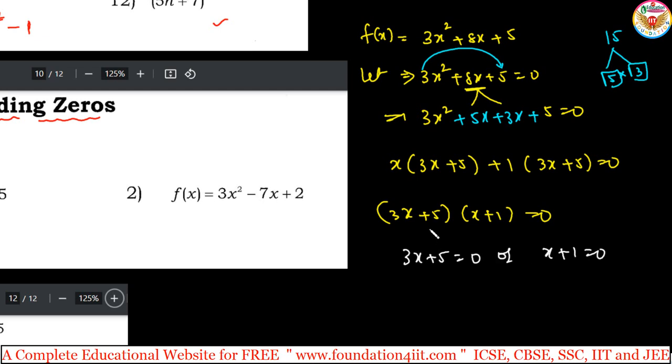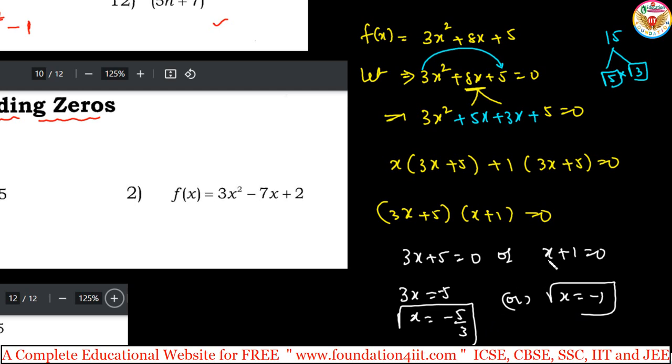Zero product rule: if a into b is equal to 0, then a is equal to 0 or b is equal to 0. So 3x = -5, then x = -5/3, or x = -1. When you substitute these, it becomes 0. So these are the zeros of the expression.